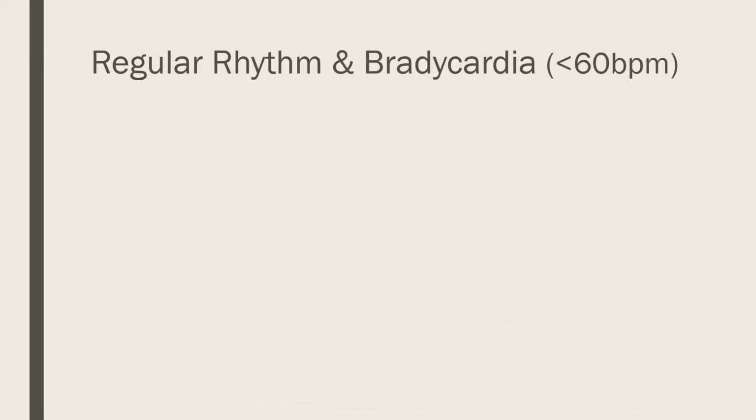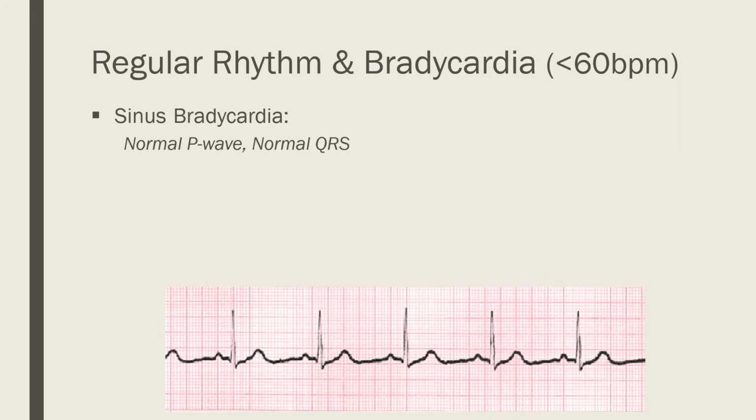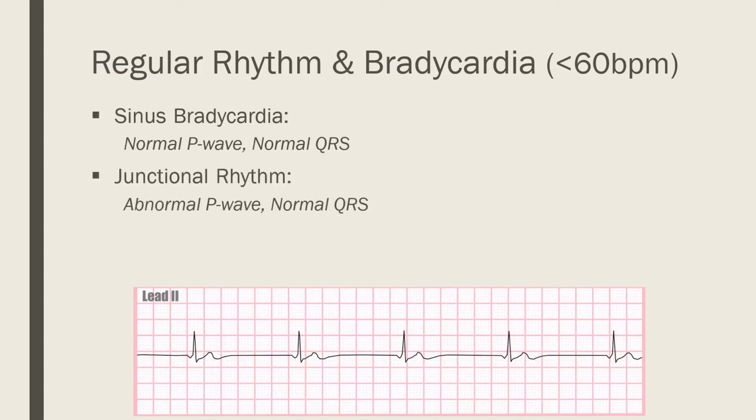What are the types of regular rhythm with bradycardia, less than 60 beats per minute? First, sinus bradycardia: normal P wave and normal QRS. Second, junctional rhythm with abnormal P wave and normal QRS.